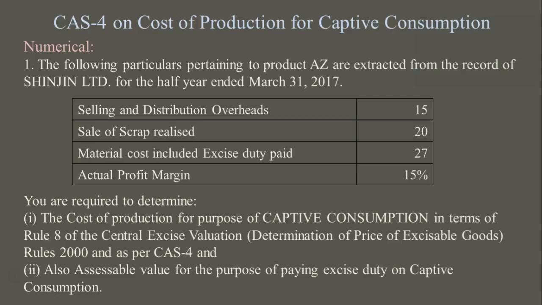Is this question clear? Okay, no issue if it is not clear. We'll take each and every point one by one. So first of all, what we have to calculate is the computation of cost of production.